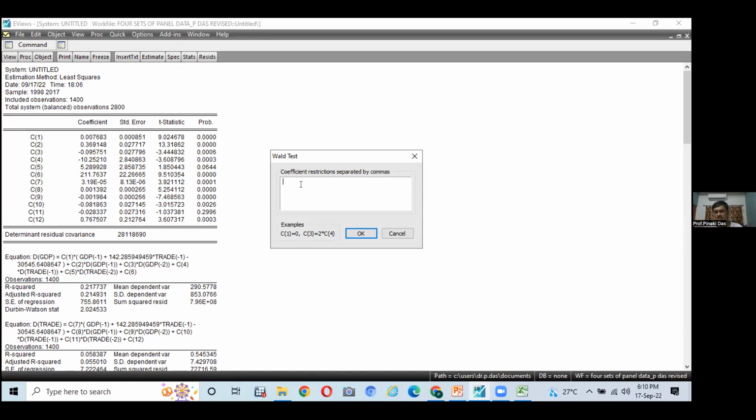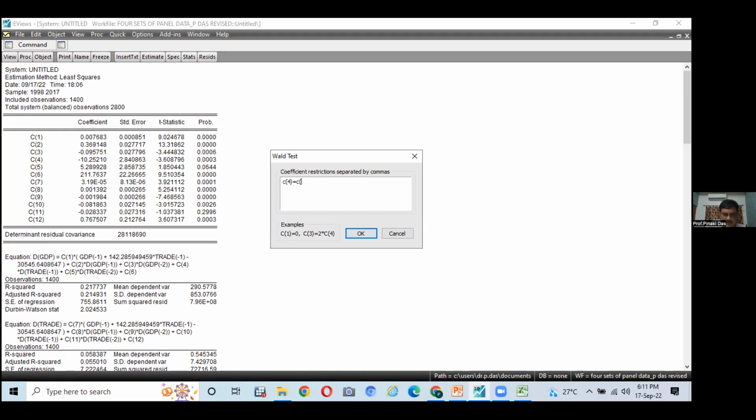That is, there is no effect of these coefficients on the dependent variable. And if the alternative hypothesis is true, then C4 and C5 are different from 0. That is, there is a specific effect from the independent variable to the dependent variable. Therefore, we write the null hypothesis in this way: C4 equal to 0 and C5 also equal to 0.